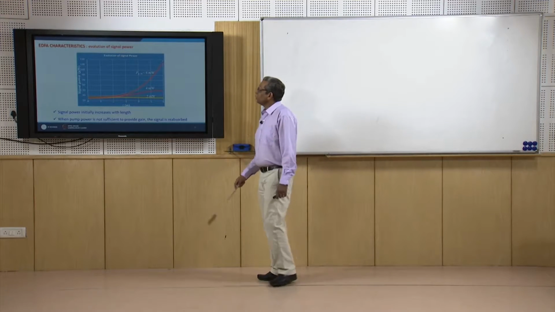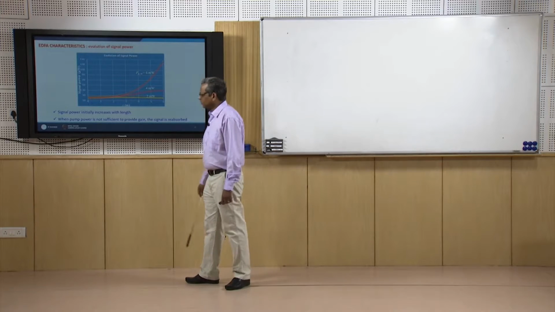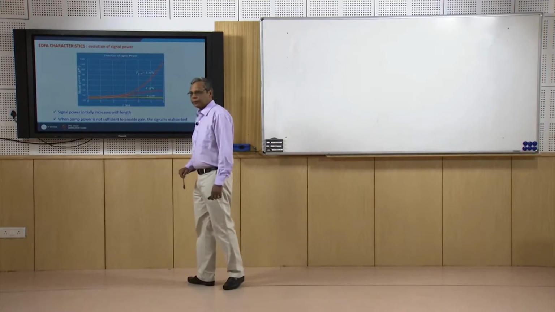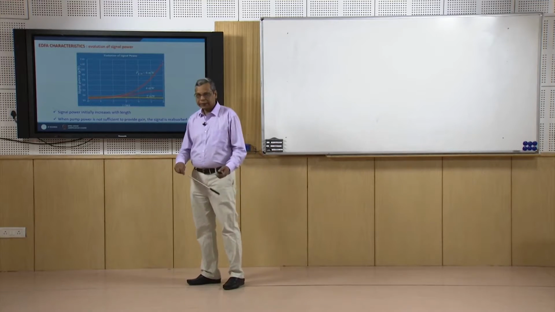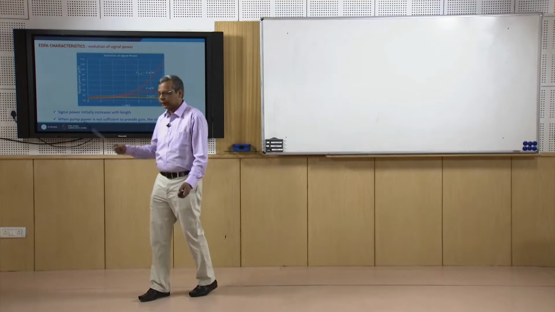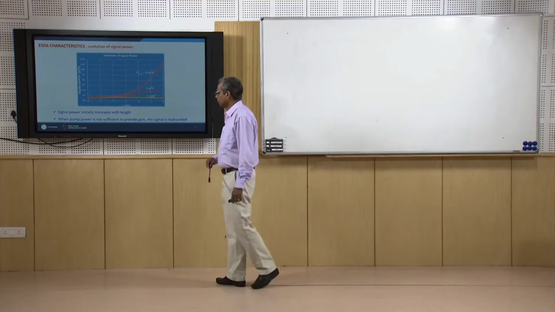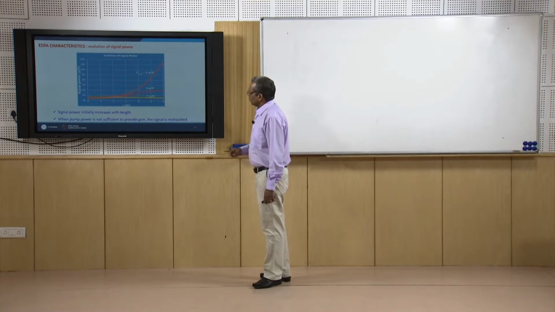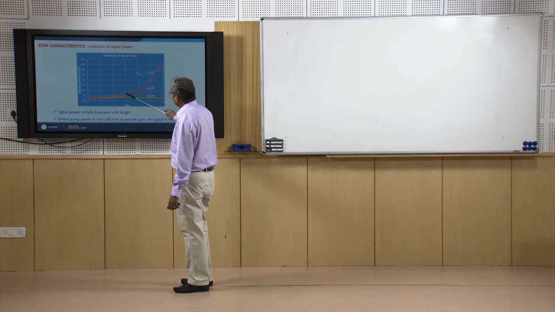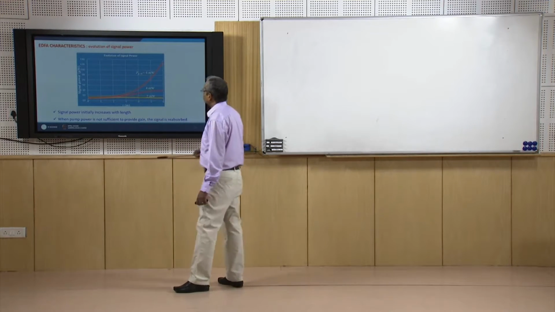Then this is the evolution of signal power. So, as you go along the length of the fiber, the signal gets energy from the pump. So, pump energy decreases, but signal energy increases. So, the signal power increases with distance.